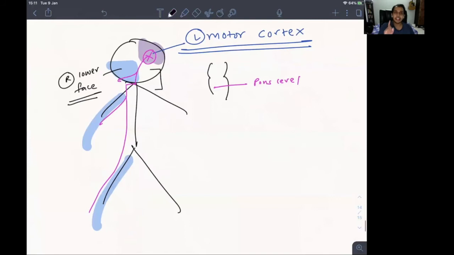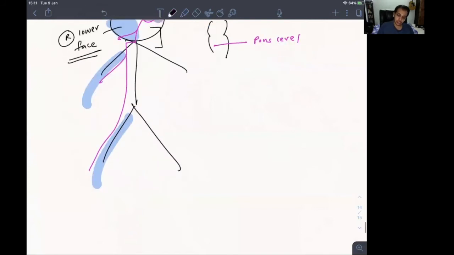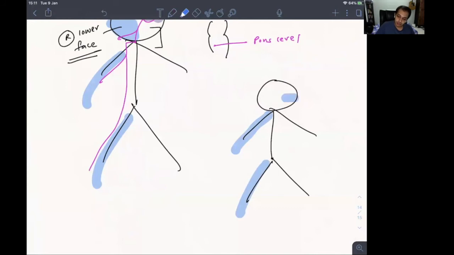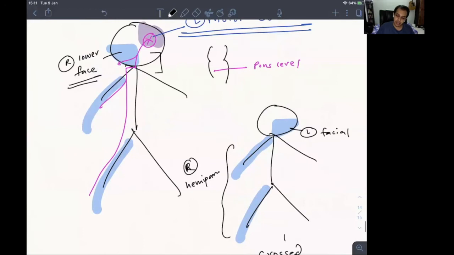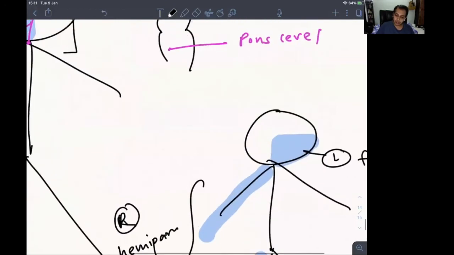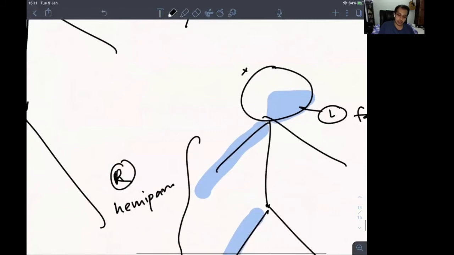Now, there is a very specific condition in which your facial weakness is on the opposite side. So there's a right-sided hand and leg weakness. There will be facial weakness on the opposite side. So there is a left facial weakness with a right hemiparesis. And this is known as crossed hemiplegia. And this happens if the lesion is not in the cortex, but rather in the midbrain.